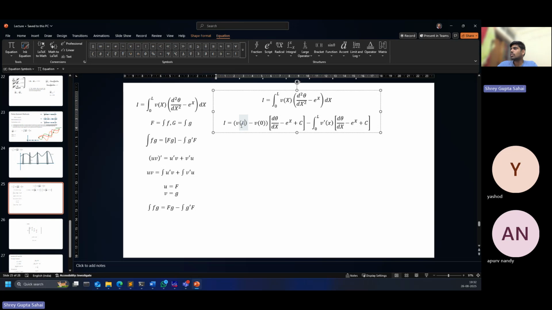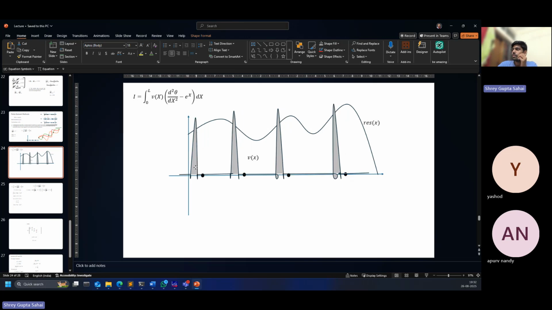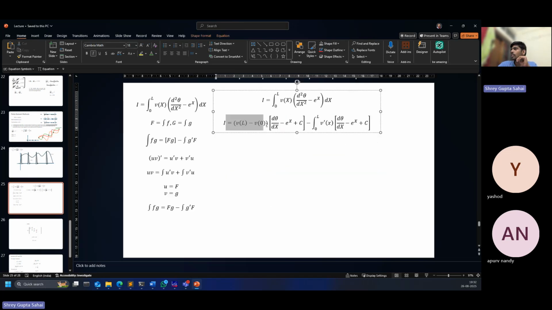Because we don't need explicit satisfying of that governing equation there, we'll choose our v, a test function or a weighting function, which is 0 at the boundary nodes. So essentially, we'll ensure that our test functions are 0 at the boundaries. That allows us to remove this entire stuff. We're really interested in this second term.